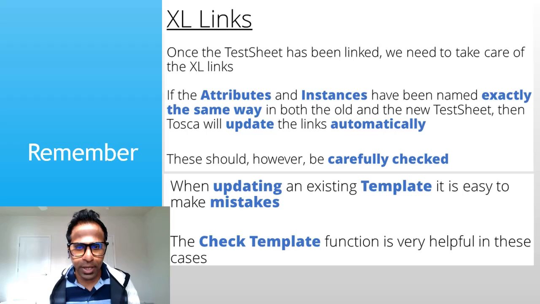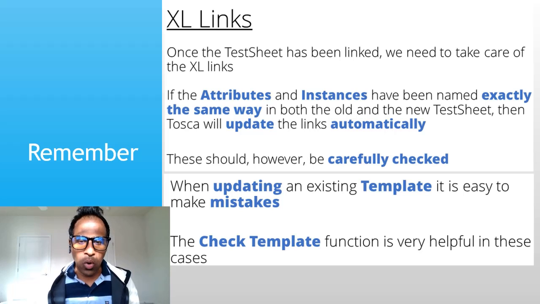Why? Because if the attributes and instances are named exactly the same way in both the old and new test sheet, that means once you modify the test sheet, then the attributes and instances are the same, and Tosca will update the links automatically. But in case you update the template with new attribute and instance values, then you have to delete the old attributes and instances, and you have to map the new attributes.